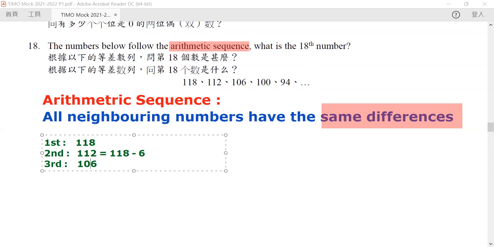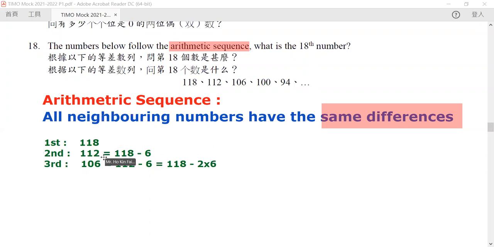It means that this is equal to 112 minus 6, but it's also equal to 118 minus 2 times 6. If we proceed to list them out, you will soon find the pattern here. Our fourth number is 106 minus 6, which is equal to 118 minus 3 times 6.